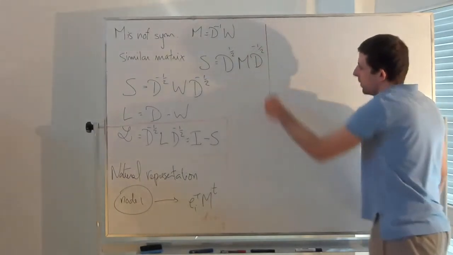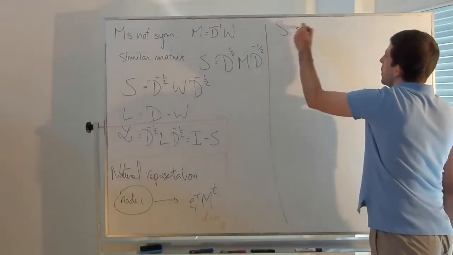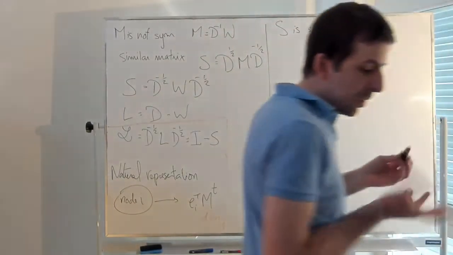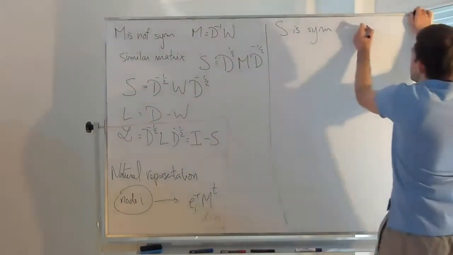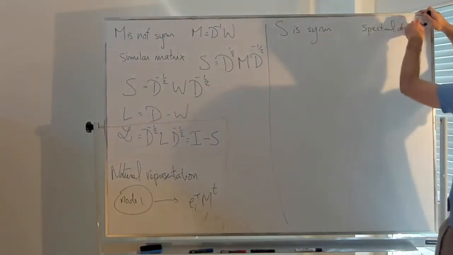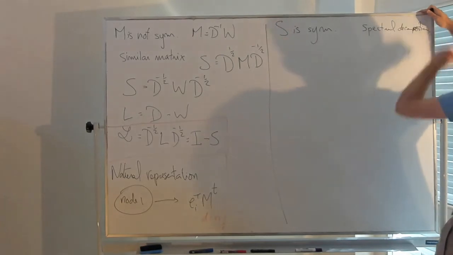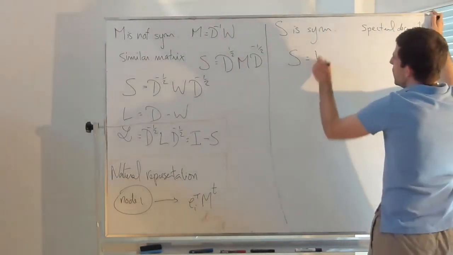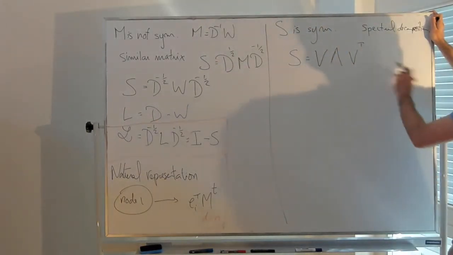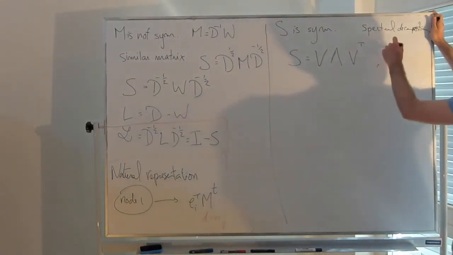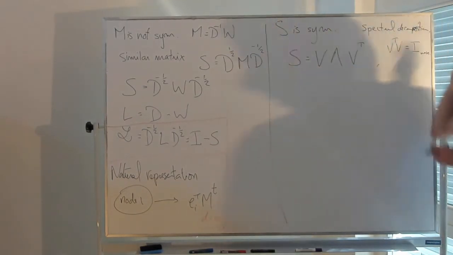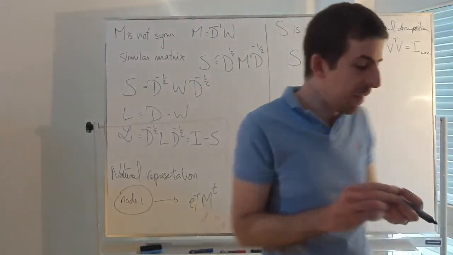Now, because S is symmetric, we can take its spectral decomposition. S is going to be equal to V Λ V transpose, where V transpose V is the identity, and the columns of V are the eigenvectors.